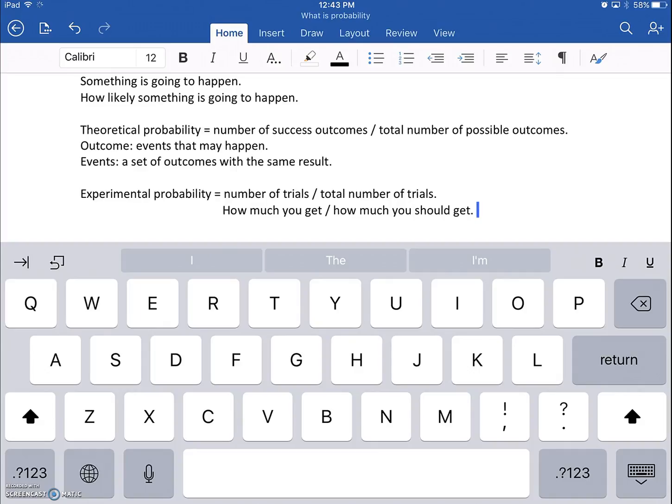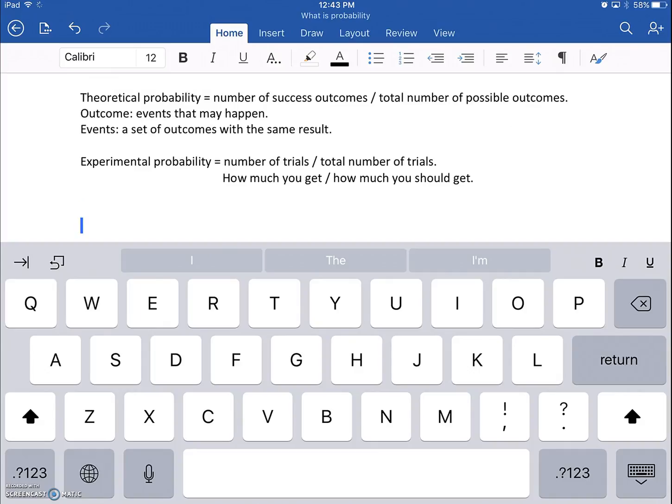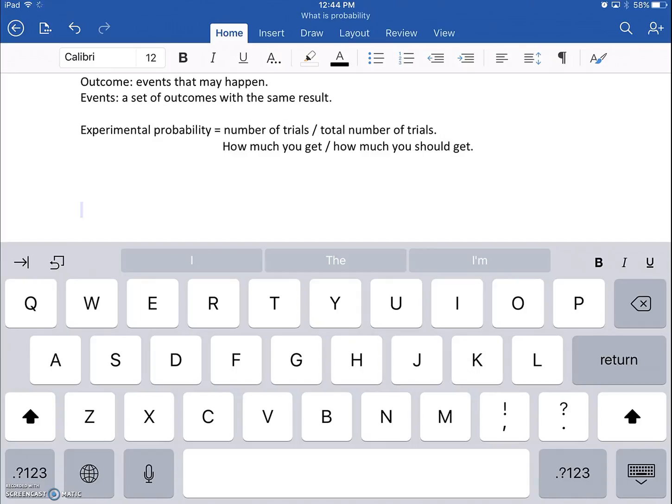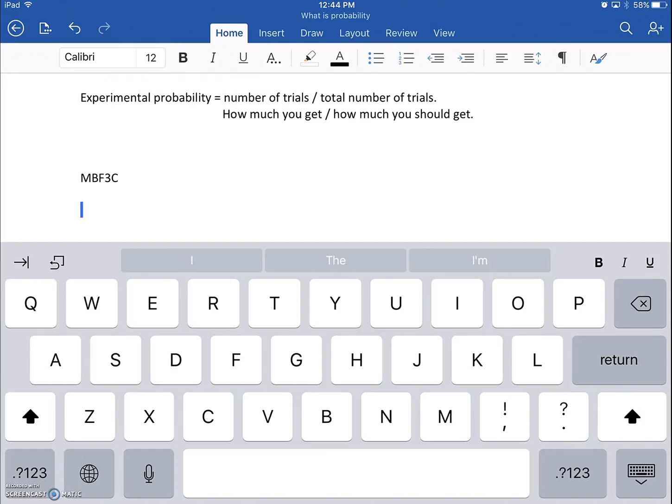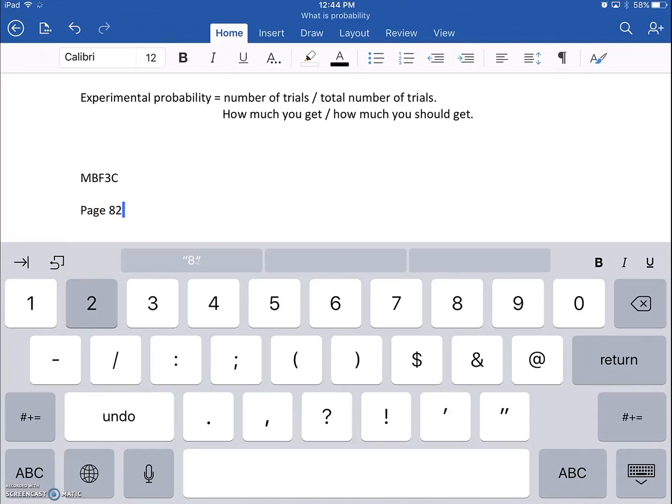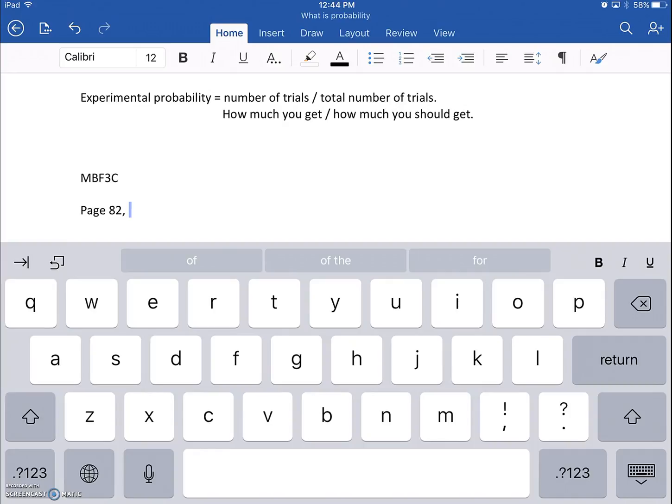Okay. So after reviewing this, let's do some problems. If you have the textbook, it is Foundations for College Mathematics 11, MBF 3C. If you can turn to page 82, and then we can focus on questions 1 to 5.